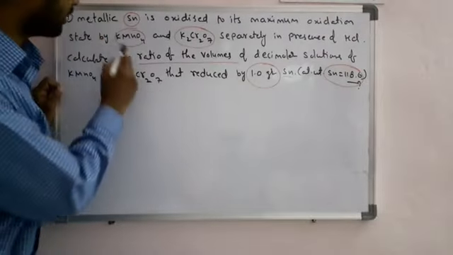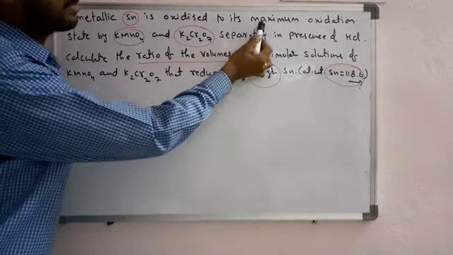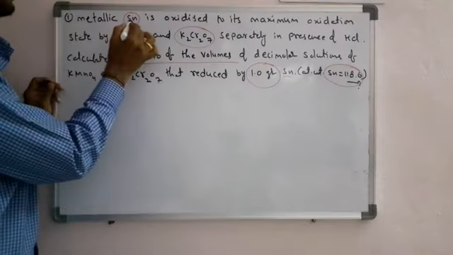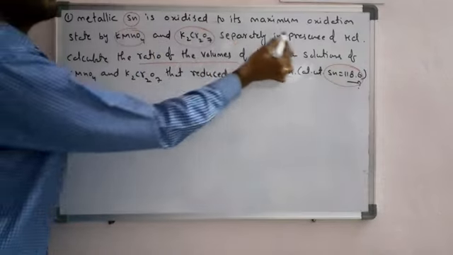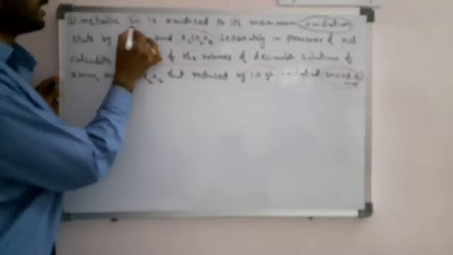Okay, so here see the problem. Metallic tin is oxidized to its maximum oxidation state. We know that tin is present in two types, Sn plus 2 and Sn plus 4, stannous and stannic.